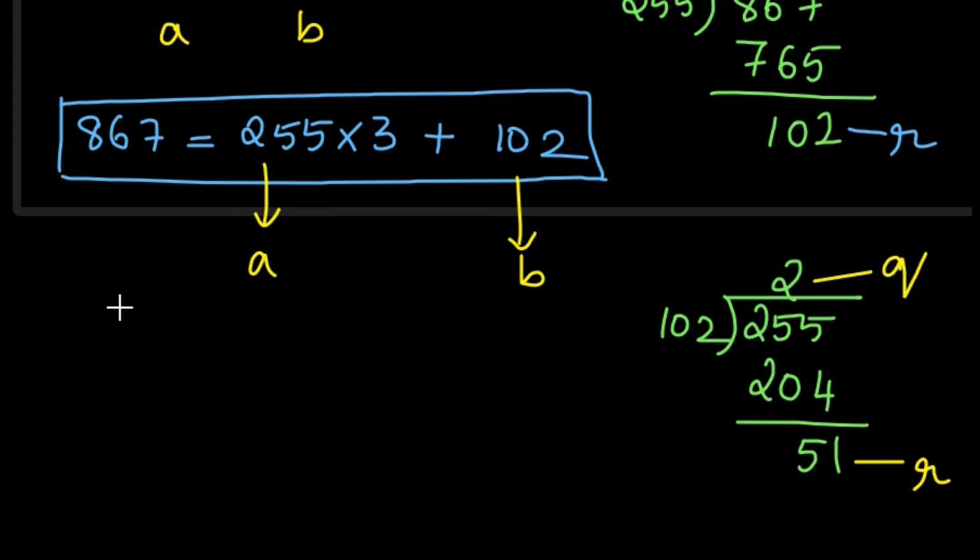Writing it in A equals BQ plus R form, A is 255 equals B is 102 multiplied by Q is 2 plus R is 51.